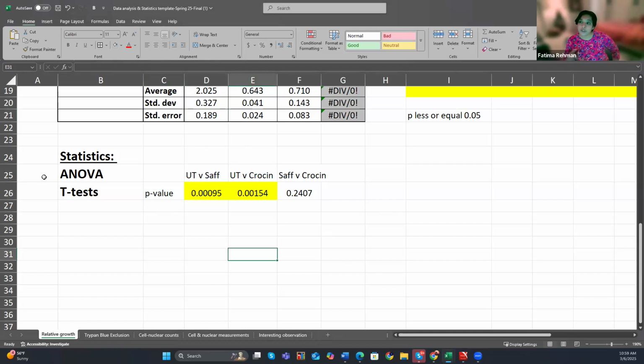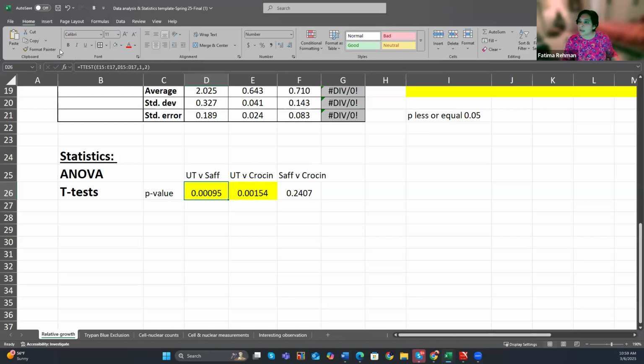There can be times where your p-values individually for t-test show some difference, but when you run the ANOVA, overall there is so much variability that it says no, it doesn't mean anything. In that case, if you look at the entire group as a whole, it's not going to be significant. It's rare, but it does happen.